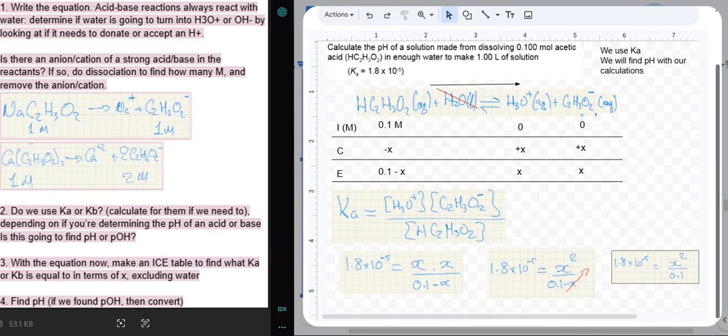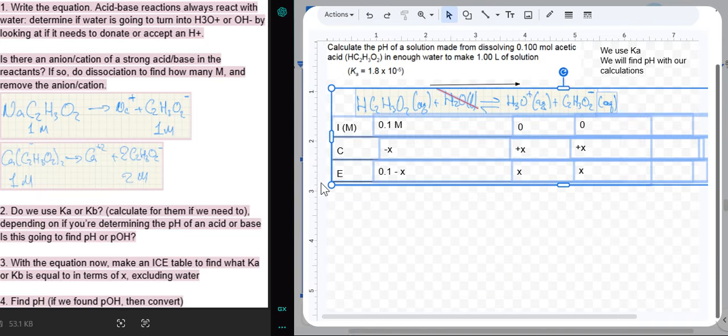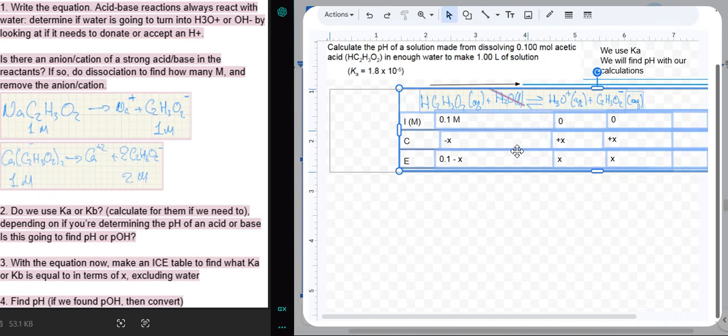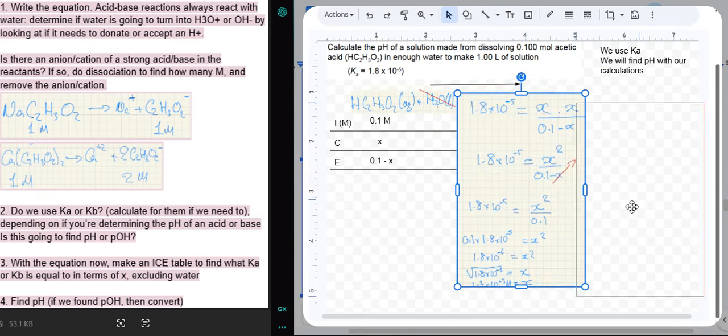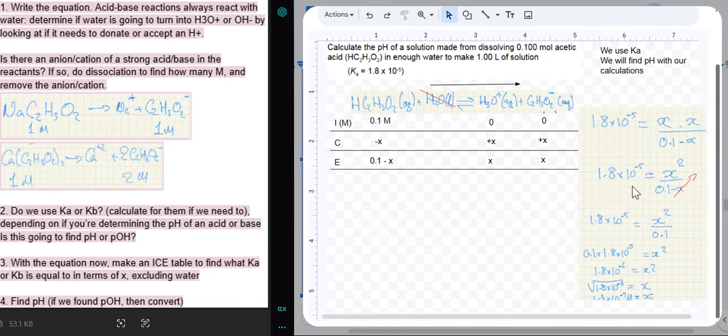I'll just copy all the work. So we've done this step, this step, this step, and then we just do math and then find x, which is equal to 1.3 times 10 to the negative 3 molarity.